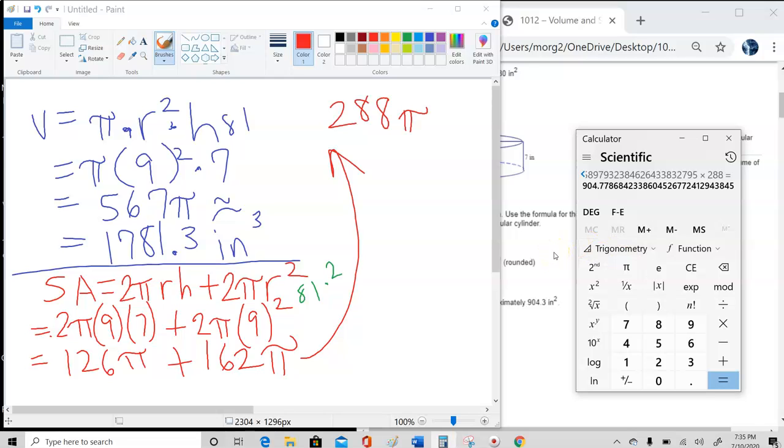Now, on my notes it says 904.3, but since we used all of pi's place value instead of just 3.14, I would accept 904.8.